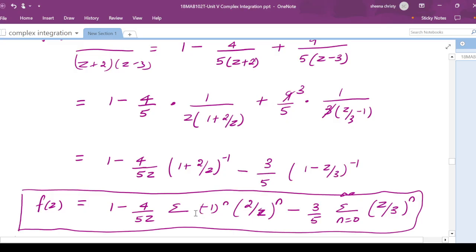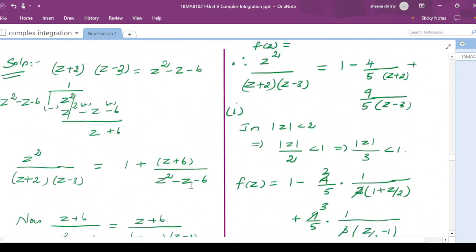Then writing the generalized form, you will get 1 minus 4 by z sum of n equal to 0 to infinity (-1)^n (2 by z)^n, minus 3 by 5 into sum of n equal to 0 to infinity (z by 3)^n, which is the required answer for this problem.